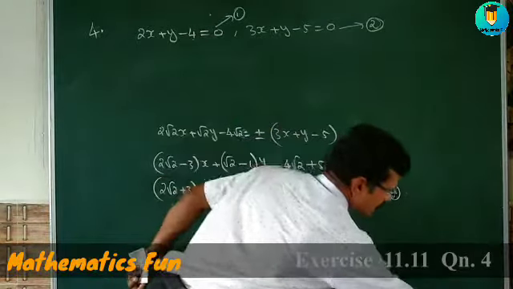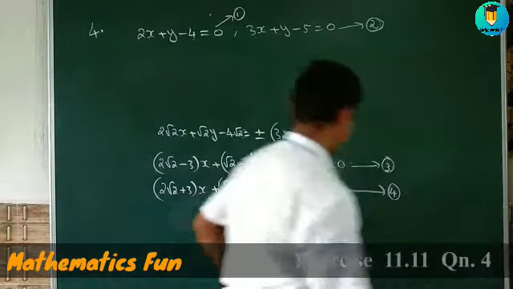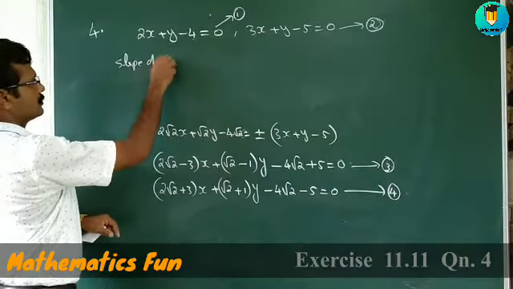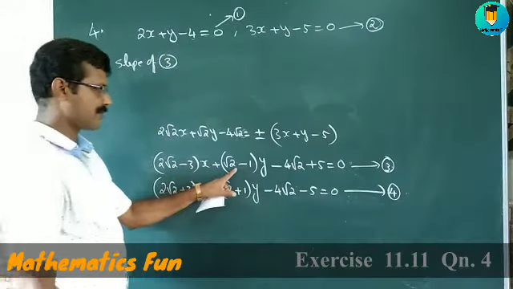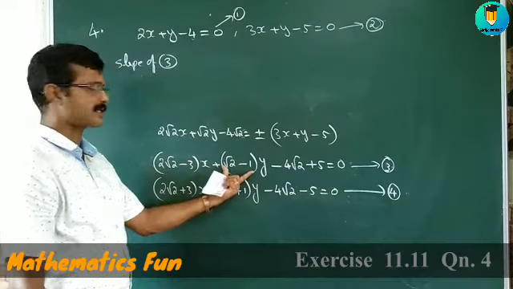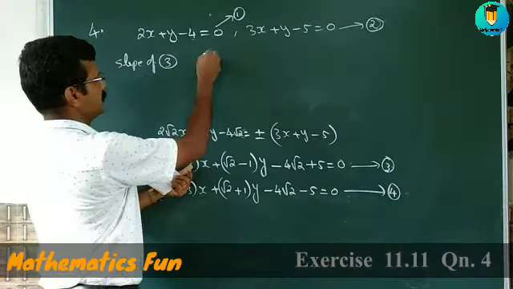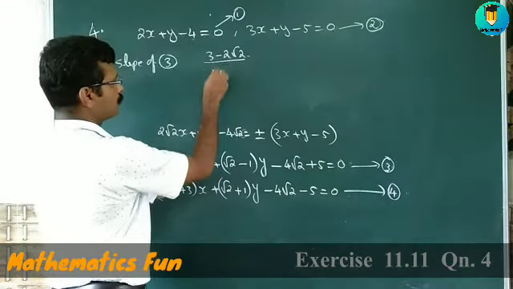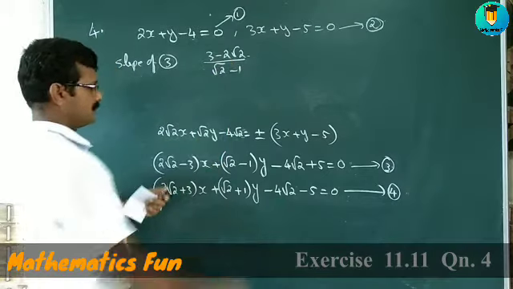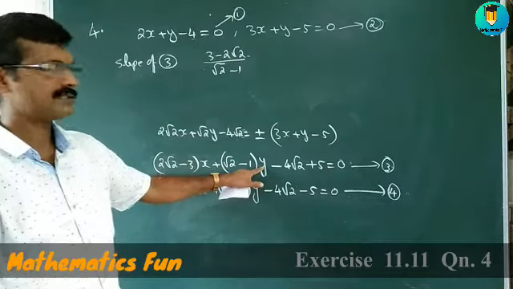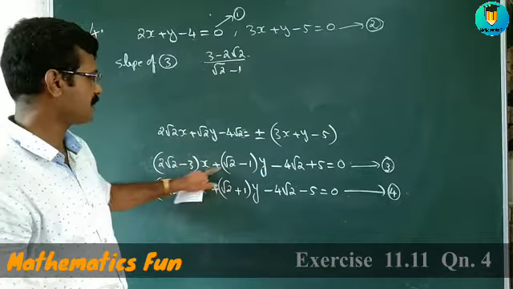I am going ahead with equation number 3, that is, the slope of 3. If I make y the subject, this divided by this, so ultimately 3 minus 2 root 2 divided by root 2 minus 1 will be the slope of line 3.